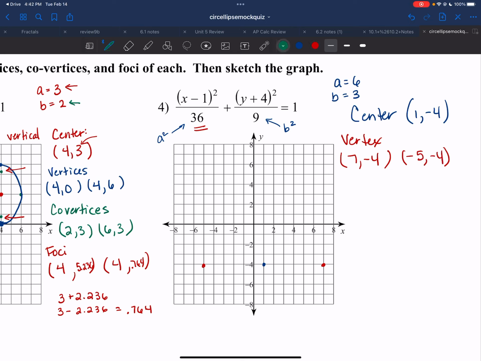So those are my vertex. Then I'm going to do my co-vertex. Those are related to B. So I'm going to go 3 up and 3 down. And so the co-vertex, to plot those, are going to be 1, -1, and 1, -7.